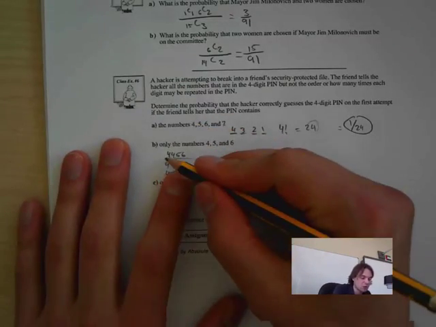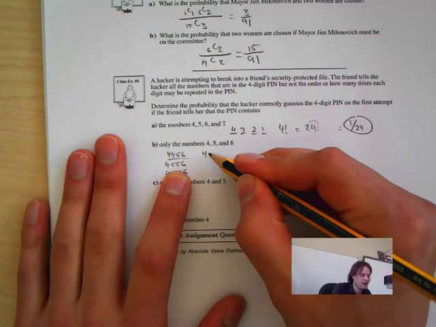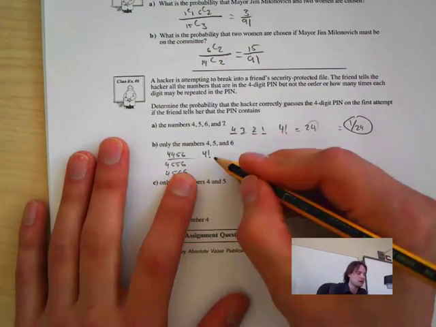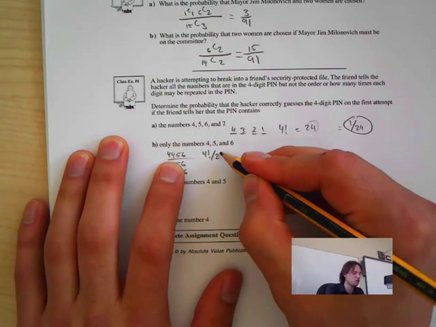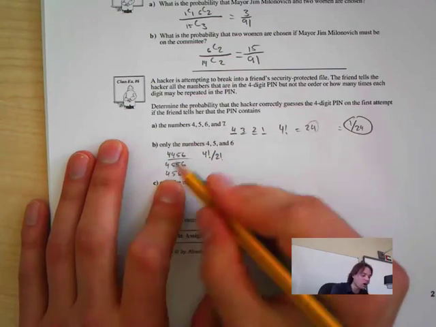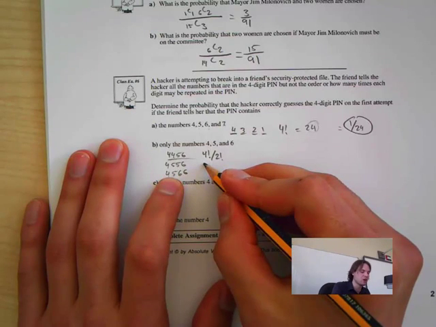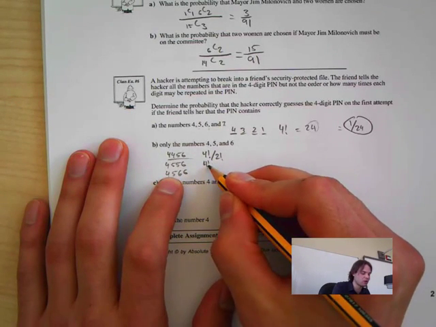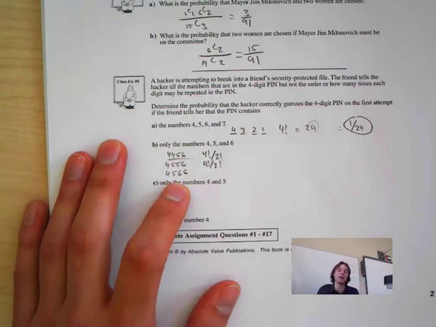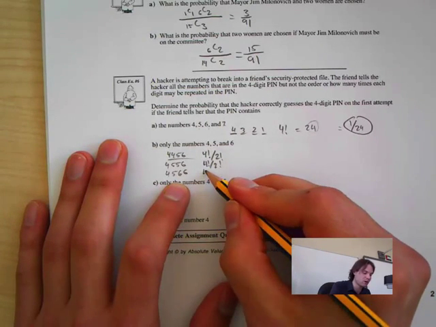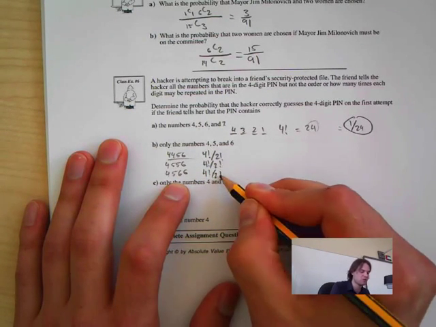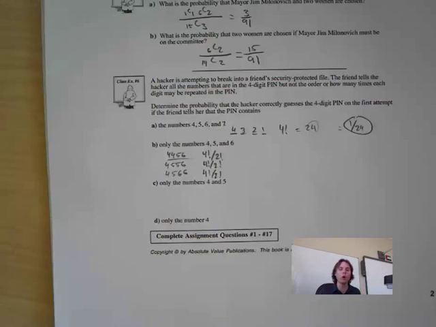So really, we still have 4 digits, so that's 4 factorial divided by 2 factorial for the repeated digit. Or we could have this with 2 5s, which is 4 factorial divided by 2 factorial. Or we could have 2 6s, which is 4 factorial divided by 2 factorial. Now, every time I say or, what does that mean? And means multiply. Or means to add.